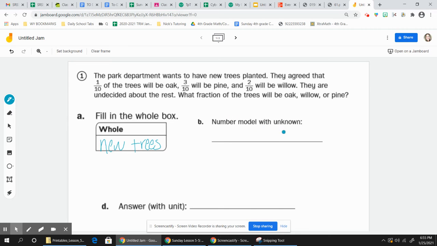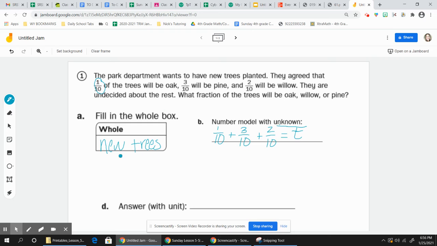And for our number model with an unknown, we can start by adding 1/10 plus 3/10 plus 2/10 equals T for tree. So remember, an unknown, you can use a letter to represent that. We're just trying to figure out the fraction of the trees that will be oak, willow, or pine.